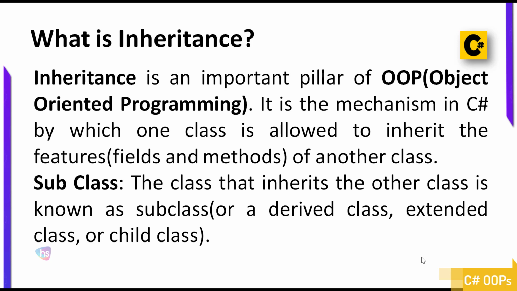Subclass. The class that inherits the other class is also known as a subclass. The parent class's properties are going to be inherited by the child class. So the child class would be called a subclass, a derived class, an extended class, or a child class.